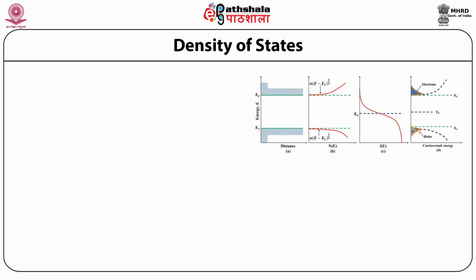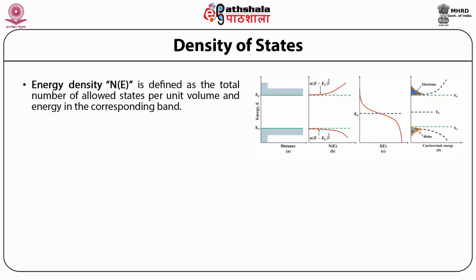Density of states. So here we will be discussing the energy density of allowed states. What do you mean by the energy density? Energy density, denoted by N as a function of E, is defined as the total number of allowed states per unit volume and energy in the corresponding band.